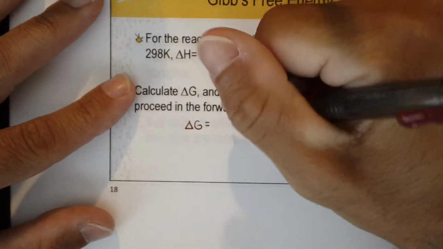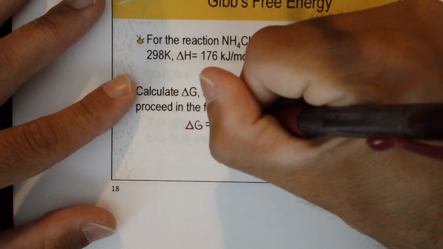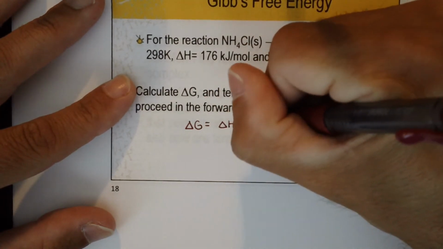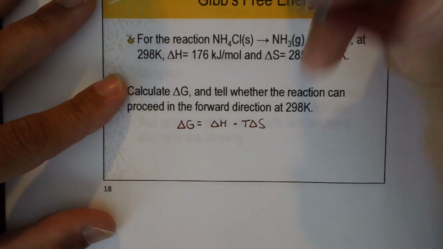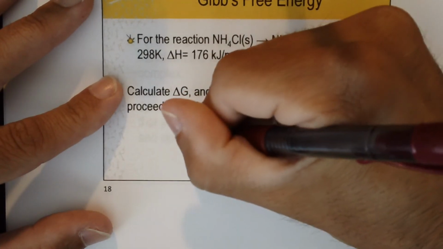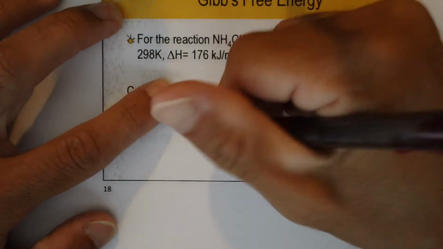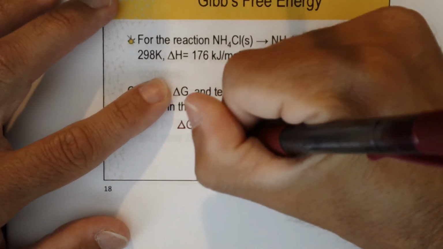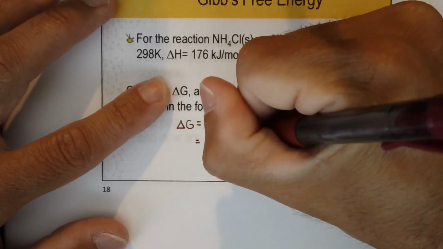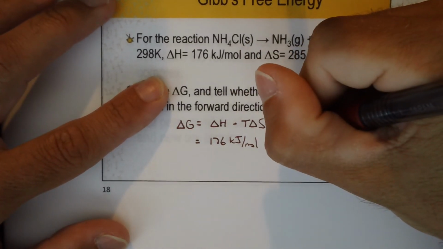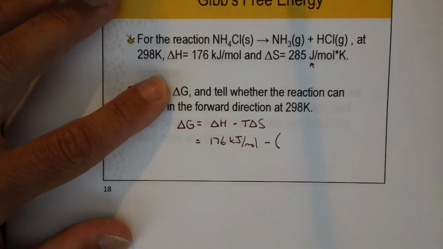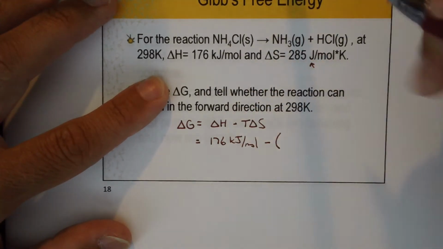So here we go. Delta G equals delta H minus T delta S. They've given us a delta H here. Delta H is 176 kilojoules per mole. And we are going to subtract from that T, the temperature in Kelvin. Why is it in Kelvin?